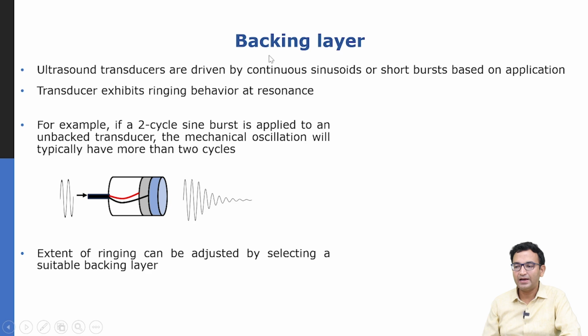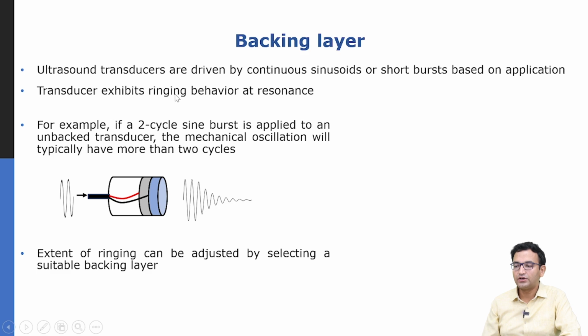We discussed the backing layer and we discussed its role for transducers driven by continuous sinusoids as well as short bursts. So, we discussed that continuous sinusoids are used in therapy transducers and short bursts are used when imaging is being performed.